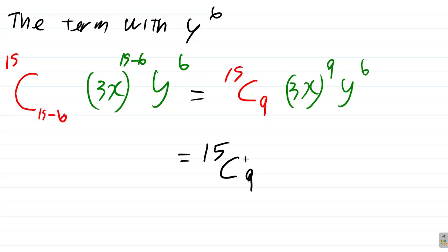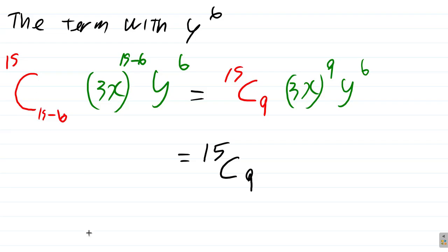15C9. By the way, hold on. What's 15C9? My calculator on screen doesn't seem to have that feature, so I'm using my calculator offline. 15 shift nCr 9 equals 5005, right? It's 5005.